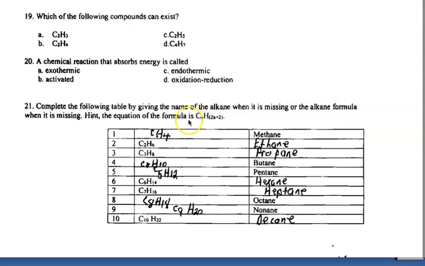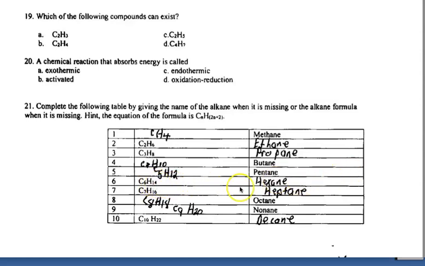They all are based on this formula, C sub n H sub 2n plus 2. So if you know the n for carbon, the number of carbons, you can easily calculate the number of corresponding hydrogens.